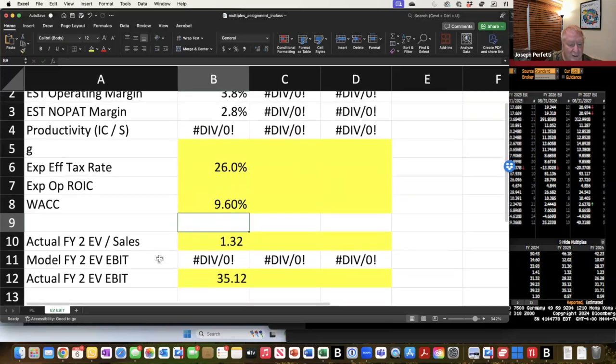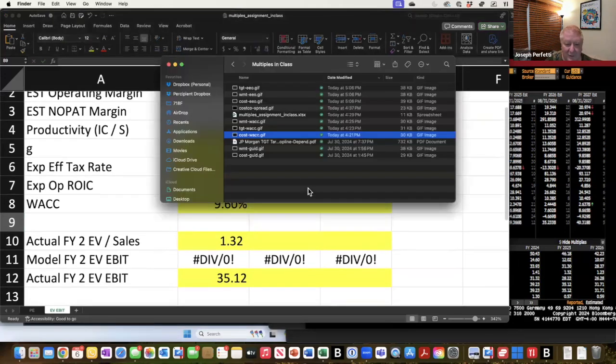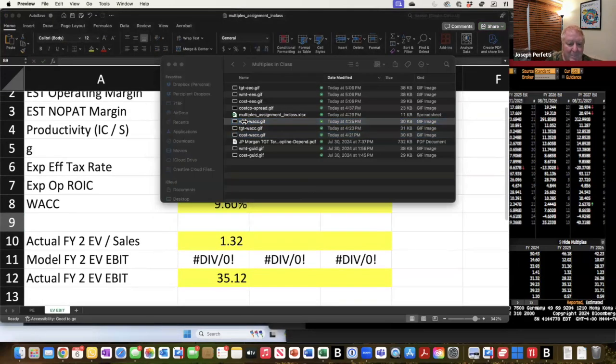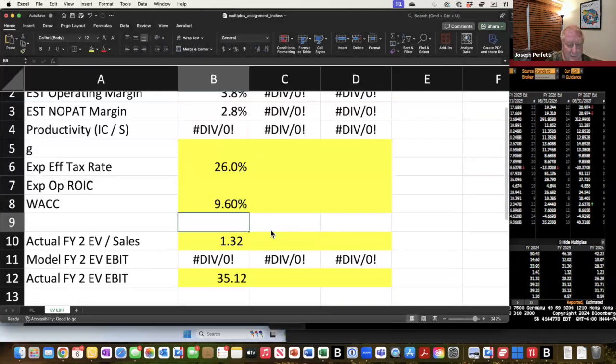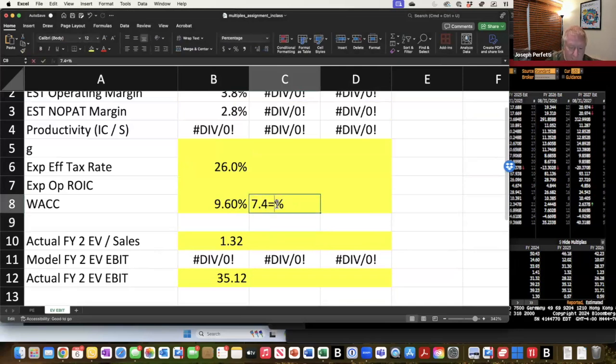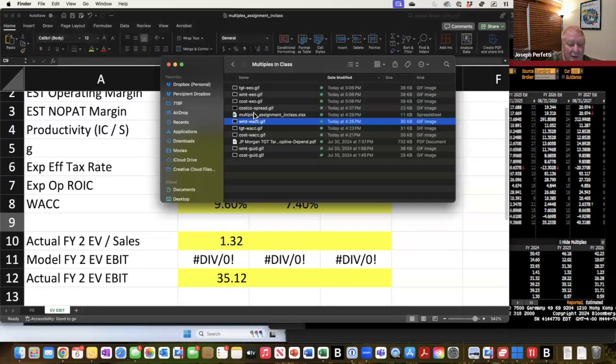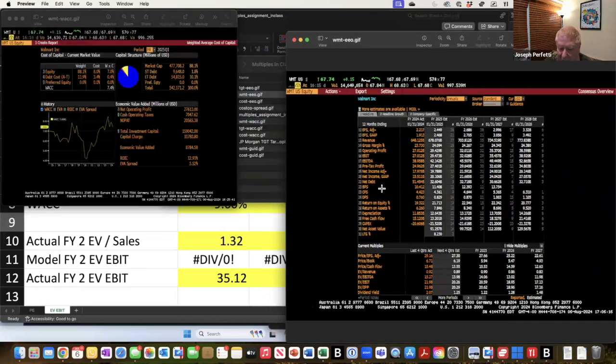So for Walmart, their WACC today was 7.4%. They're off their EEO. Their EV to revenue today at Walmart is 0.86.